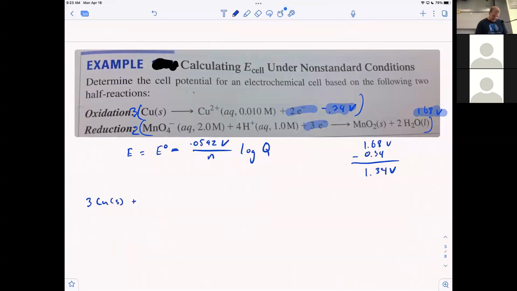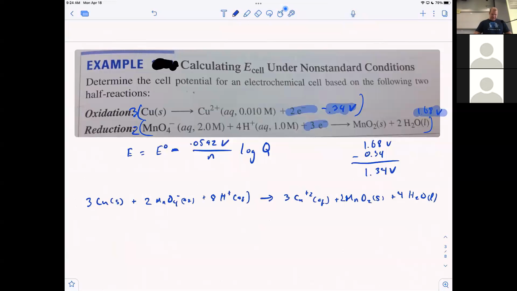Copper solid plus 2 MnO4 minus aqueous plus 8 H plus aqueous yields 3 copper 2 plus aqueous plus 2 MnO2 solid plus 4 H2O liquid.